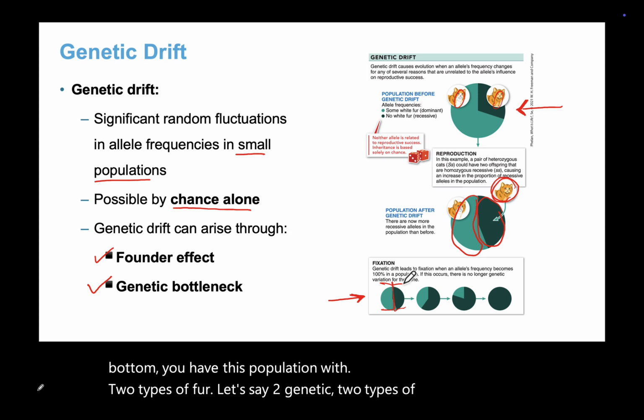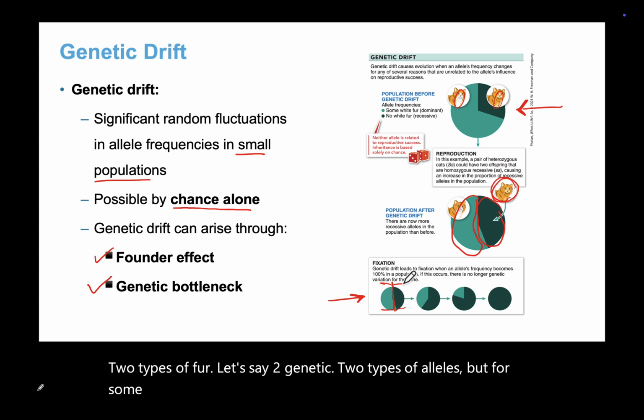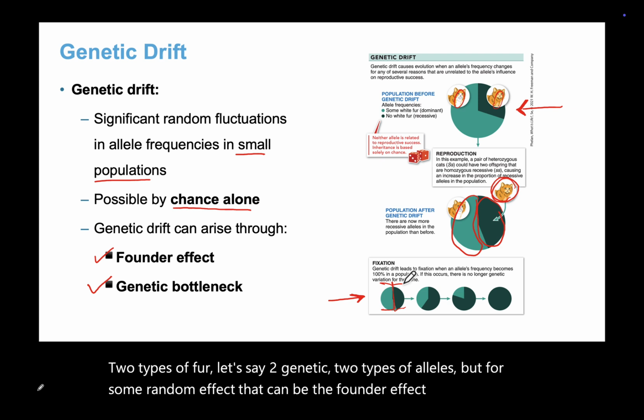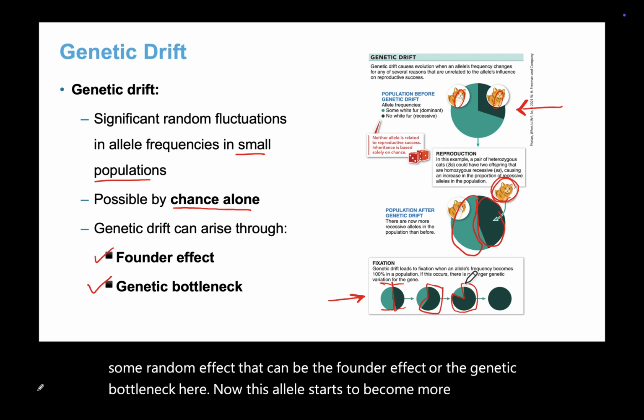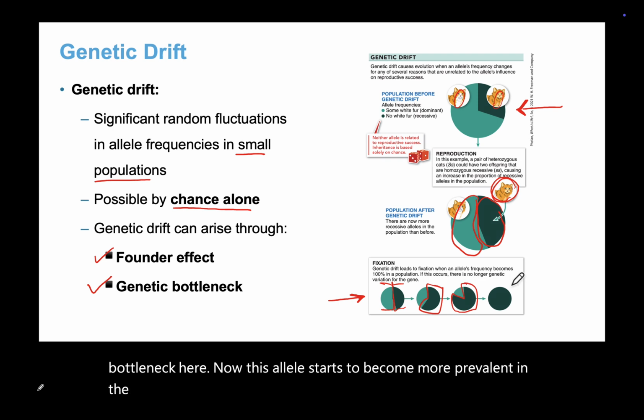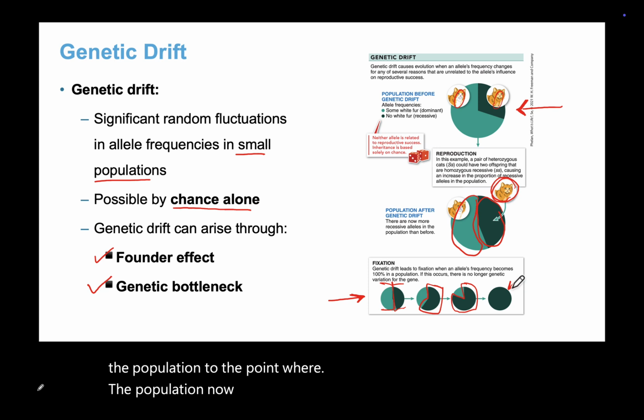But for some random effect, that can be the founder effect or the genetic bottleneck, this allele starts to become more prevalent in the population, to the point where that population now only expresses that type of allele.